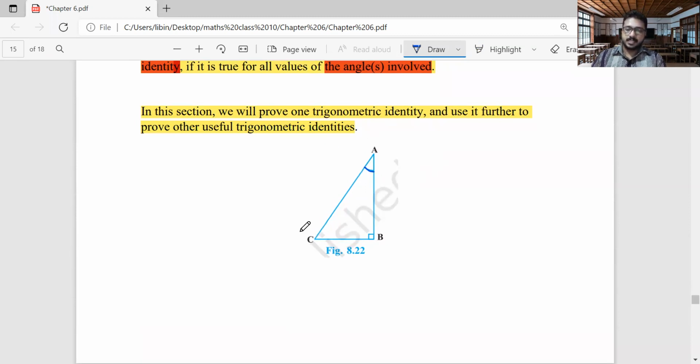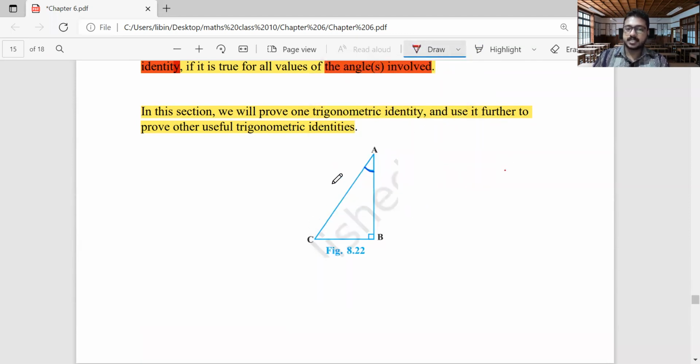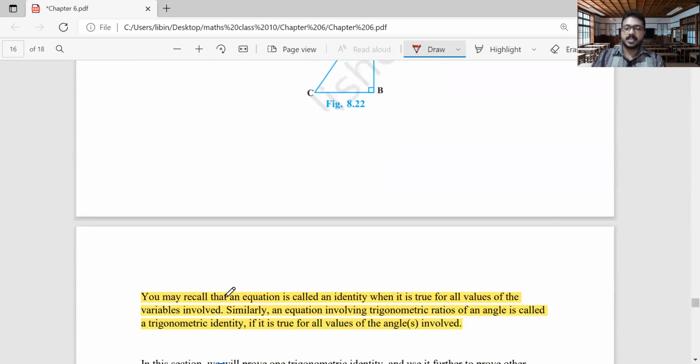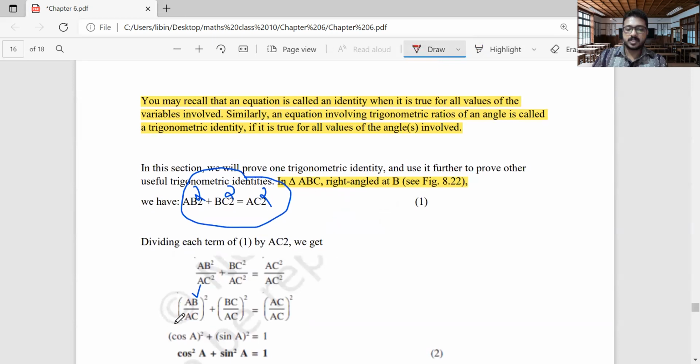What is AB? AB is the adjacent side, and what is AC? It is the hypotenuse, which means AB by AC is the cosine of angle A, that is cos A.